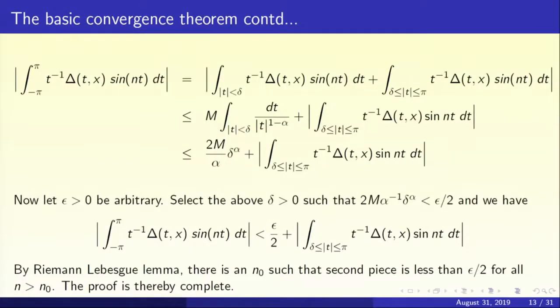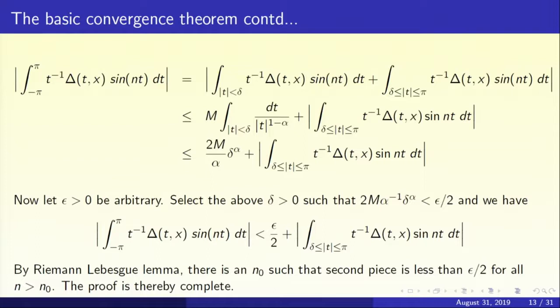So now let us write this integral, the absolute value of the integral from minus pi to pi of t inverse delta(t, x) sin nt dt, equal to the modulus of the sum of the two pieces. Now use the triangle inequality. Less than or equal to capital M times the integral of dt by t to the power 1 minus alpha.